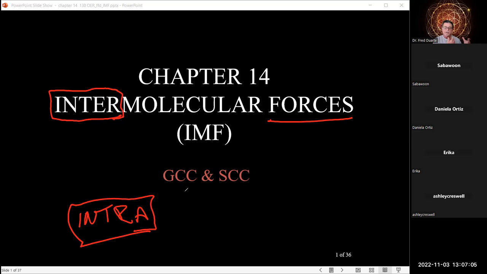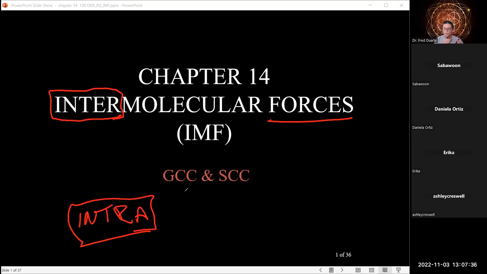because once we determine what type of polarity the molecule has, then we can assign what type of intermolecular forces these molecules have. With respect to intramolecular forces, we're basically talking about what type of bond they have. Is it a covalent bond? If it was covalent, is it a polar covalent bond or a nonpolar covalent bond? And then the other one was ionic.